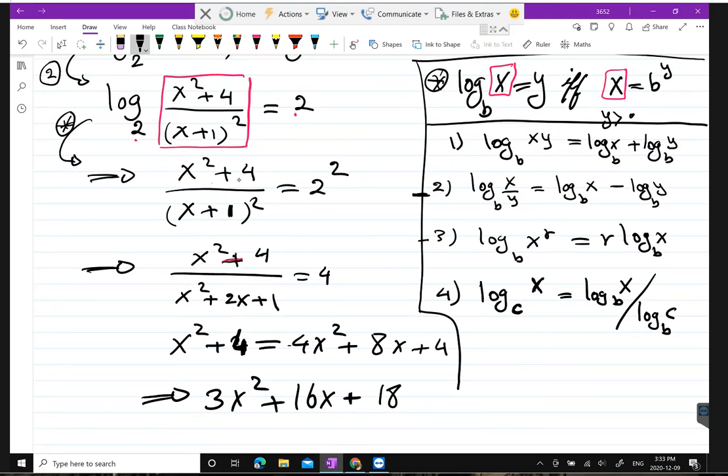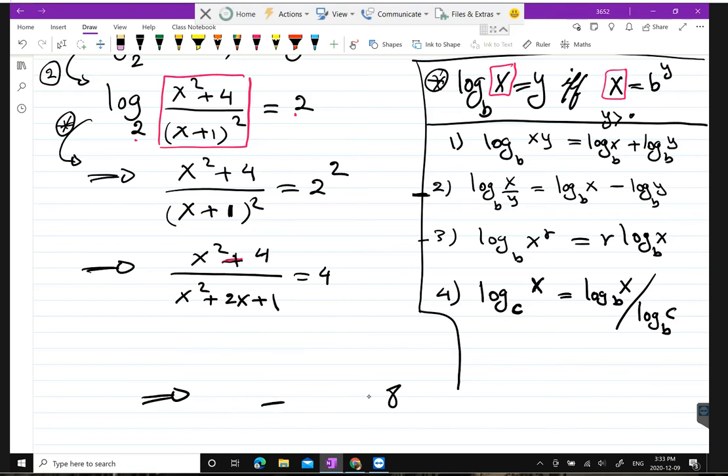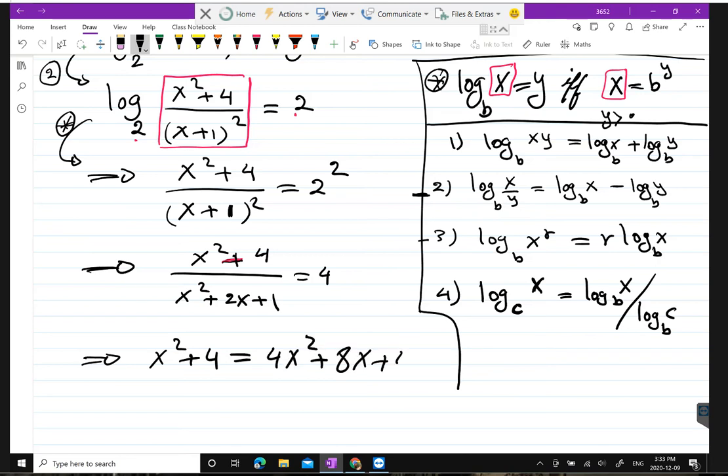I just expand it. If you expand this one, then you will get x squared plus 4 over x squared plus 2x plus 1 is equal to 4. Therefore, if you cross multiply, you will get x squared plus 4 is the same as 4x squared plus 8x plus 4.